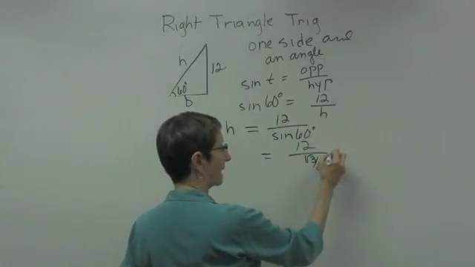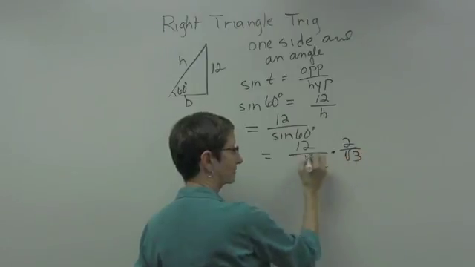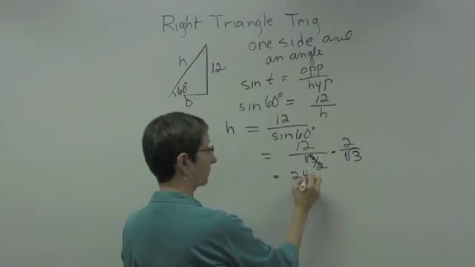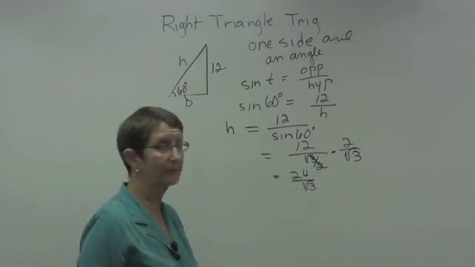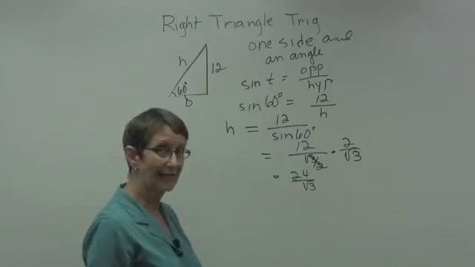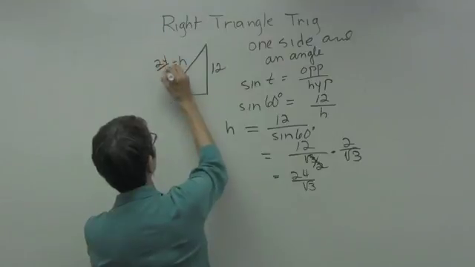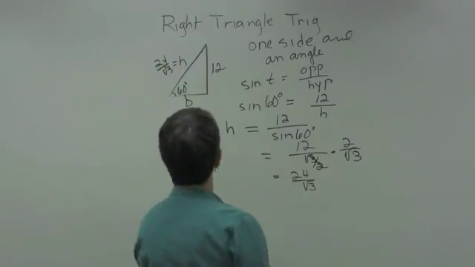Well, I'm dividing by a fraction, so I can invert the fraction and multiply by it. So this gives me 24 over the square root of 3. Perfectly good number. So I have found h. So h is 24 over root 3. Now I need to find b.